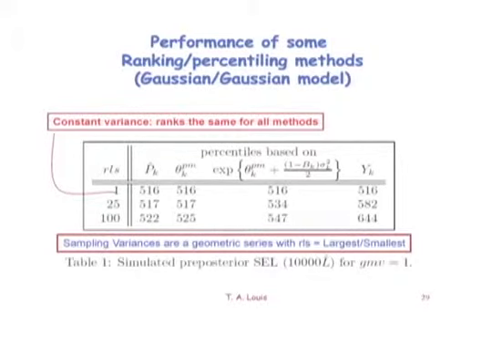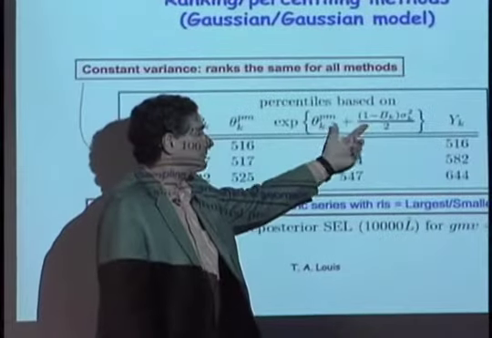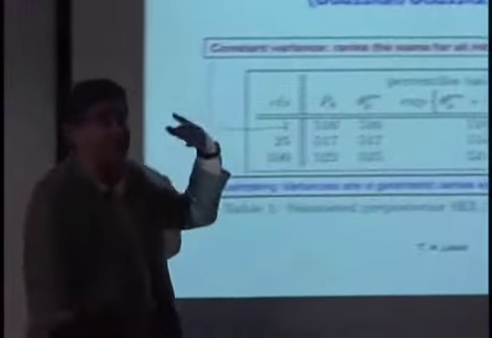And so if you look at the simulated typical squared error loss, when all the units are both symmetric and equally variable, it doesn't matter what you do. And what are the things I'm doing? I'm doing these optimal percentiles. I'm doing the posterior mean of the log SMRs. This is, don't even worry about the formula, but it's the posterior mean of the SMR itself.